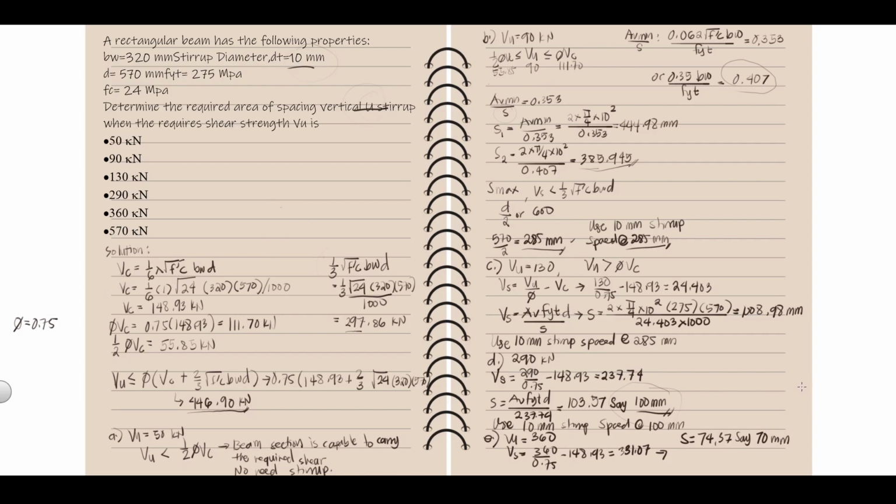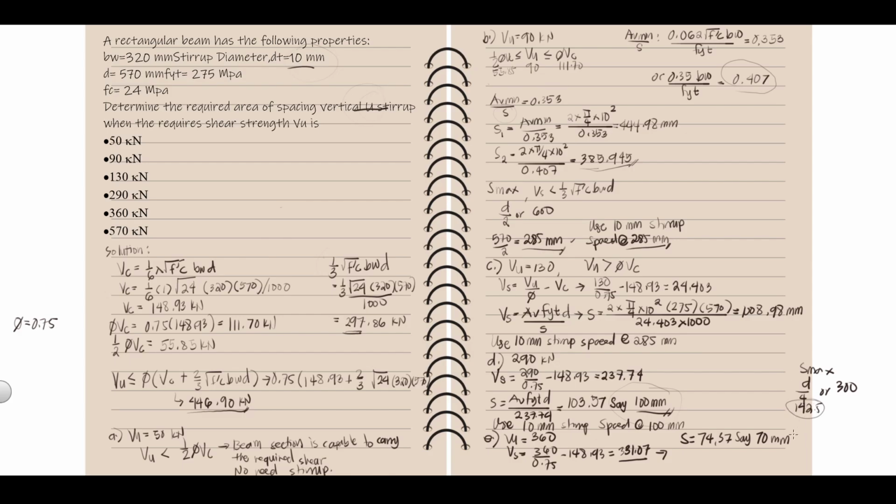So, ano yung mga S-max natin, class? As you can see, our VS is 331.07, which is greater than 297. So, meron tayong bagong value. So, that is D over 4 or 300. So, compute natin itong D over 4. So, that is 570. Our D over 4, that is 142.5.